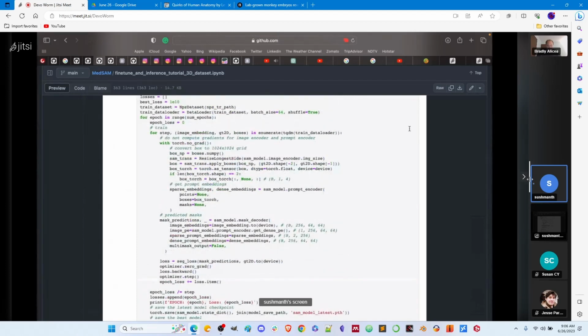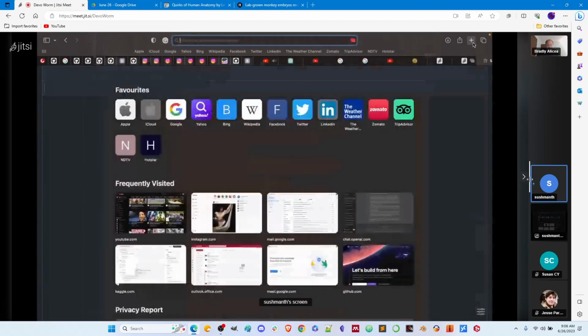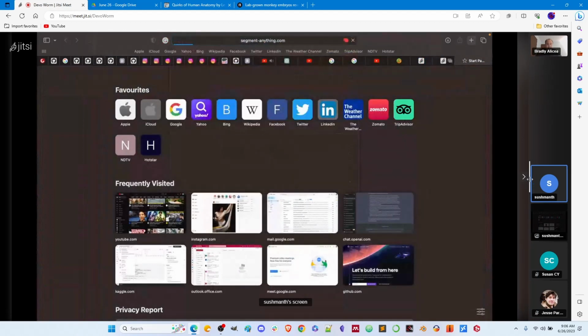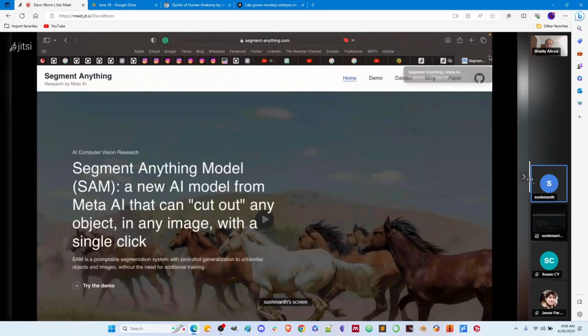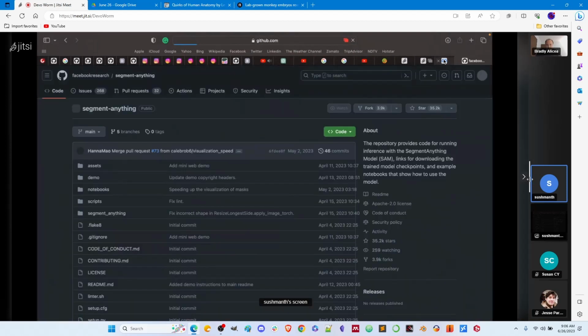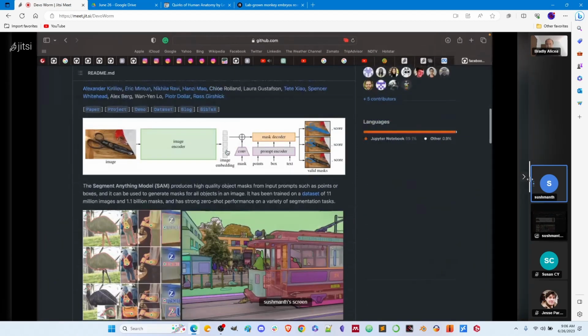Actually, there are three main structures in the Segment Anything model. If you see this picture, if you give an image, first it will go to the image encoder. The image encoder gives out image embeddings of size 256, 64, 64.